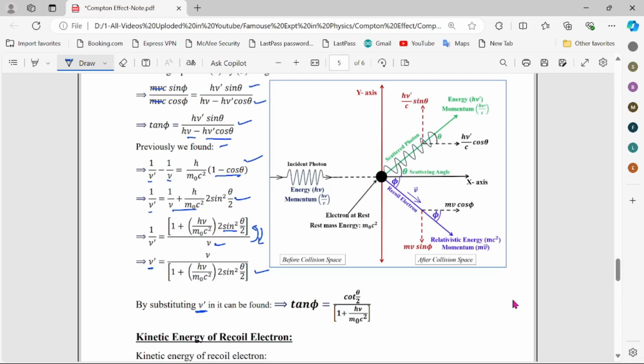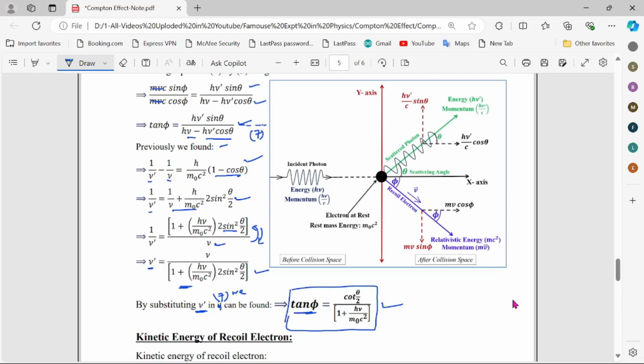Here I have written it by substituting mu dash. Let us give this equation the number 7. In equation number 7, tan phi will be equal to this much. I suggest that you just remember this expression and try to solve it in your rough work.